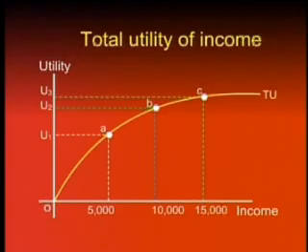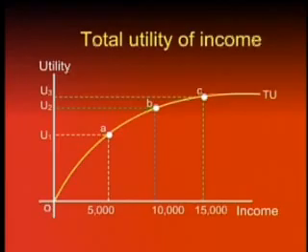The slope of the curve gives the marginal utility of your income, just as it did when we were drawing utility versus goods space. Now, as the marginal utility of income diminishes, the curve gets flatter.